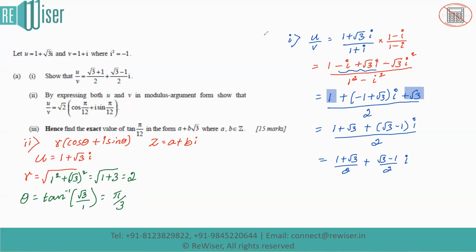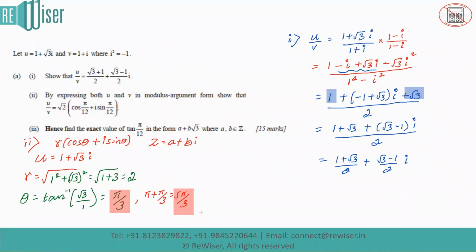One answer would be pi by 3, and the other answer has to be 180 plus theta, which is nothing but pi plus pi by 3. That's going to be equal to 4 pi by 3, which would lie in the third quadrant.